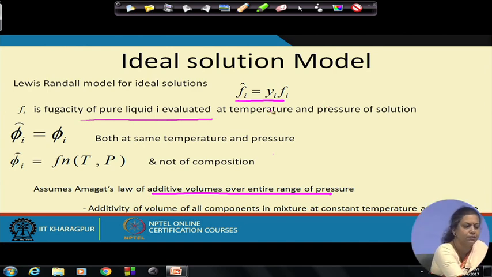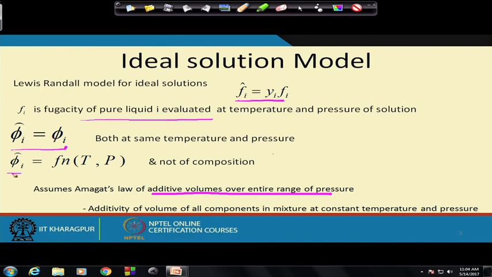Accordingly, suppose I express Fi bar by Pi equals phi i bar, and so therefore, we know for the ideal solution model phi i bar equals phi i, both being at the same temperature and pressure, which automatically implies that the partial molar fugacity coefficient is a function just of temperature and pressure, it is not a function of composition, which is quite a restrictive assumption.